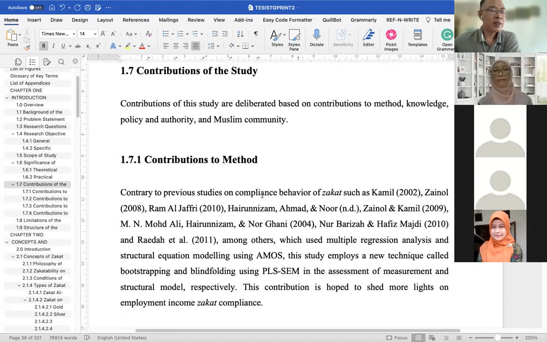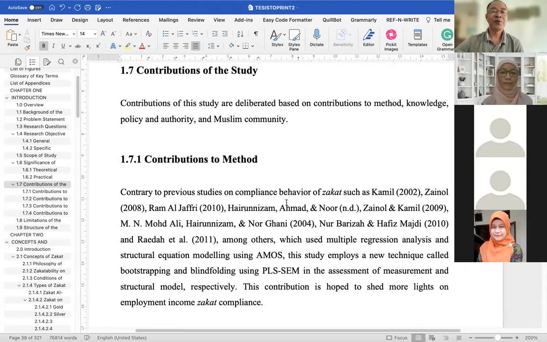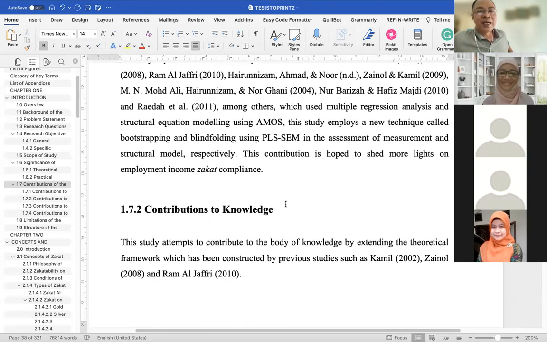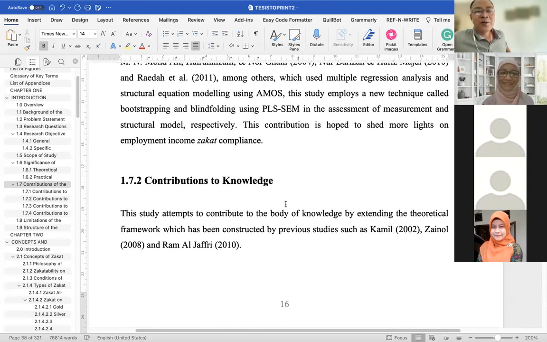If the methods you use are new, different from the methods used by previous studies, then your methods contribute to the current methods. If your method is not new, then there is no contribution to method. And then contributions to theory or knowledge.